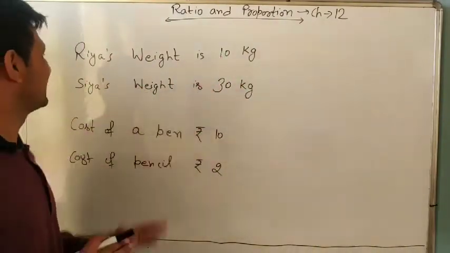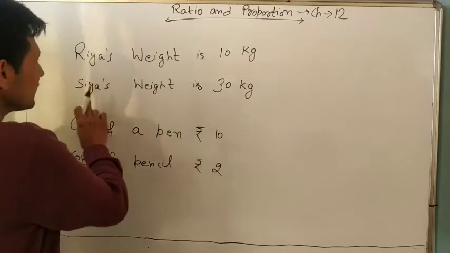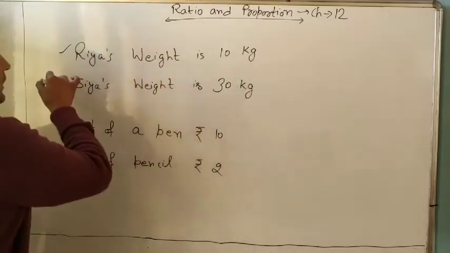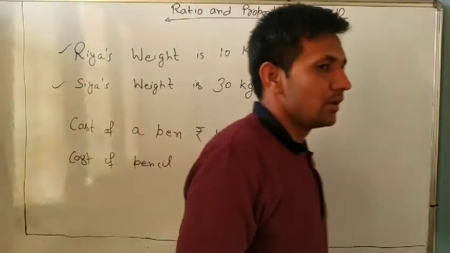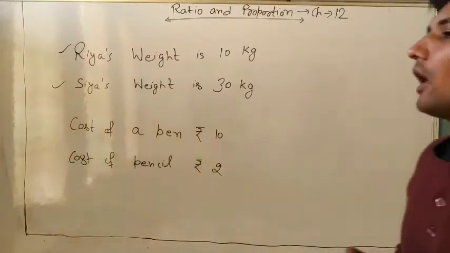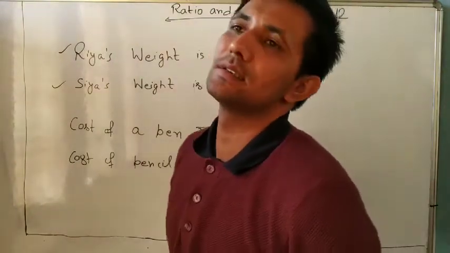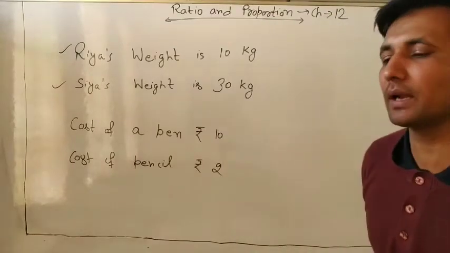Ria's weight is 10 kg and Sia's weight is 30 kg. First thing, tell me, how can we compare two things? Comparison. How do we compare two things?